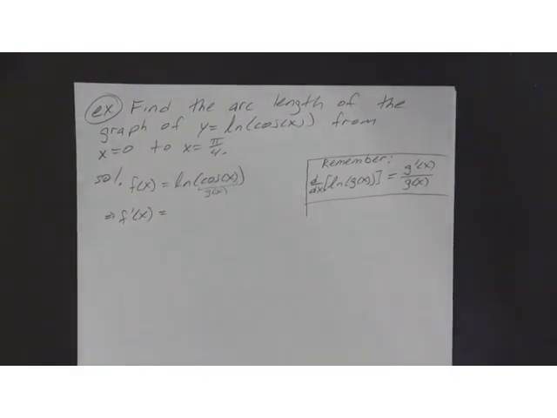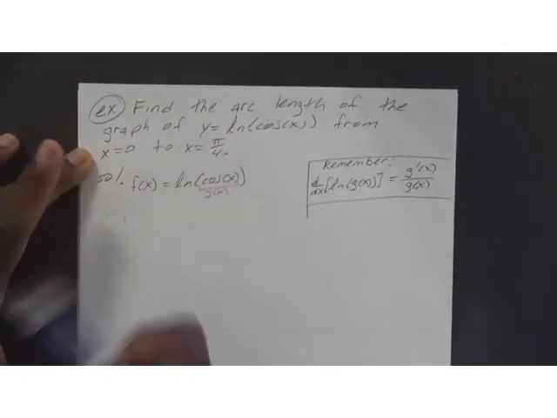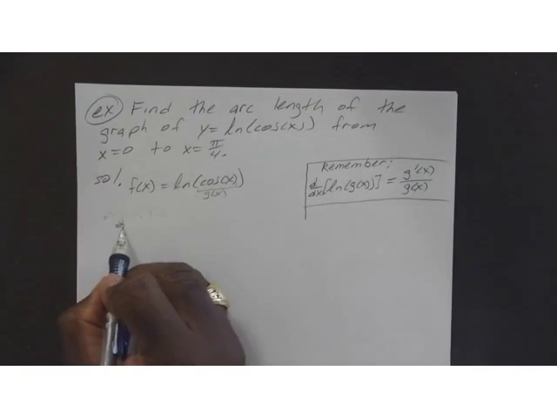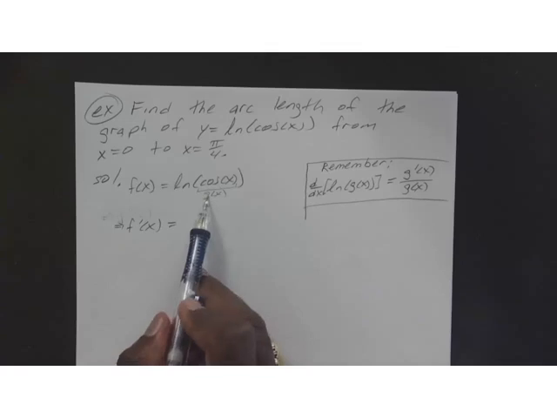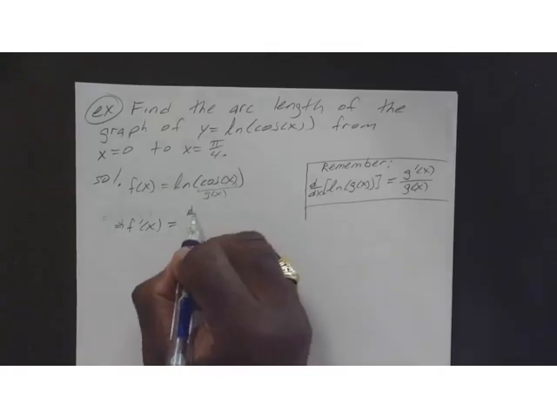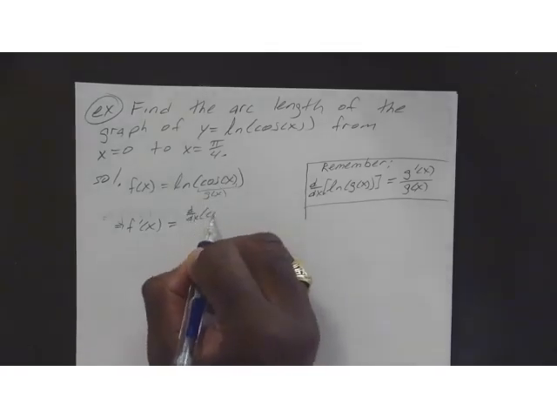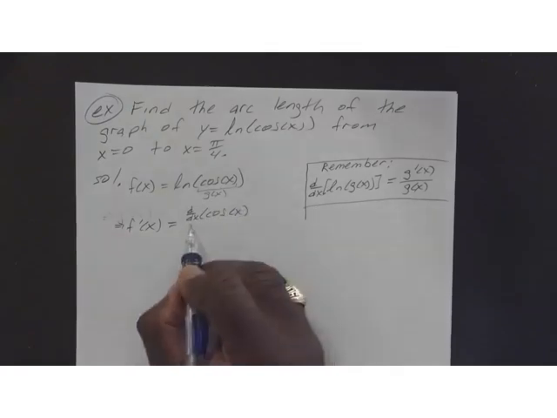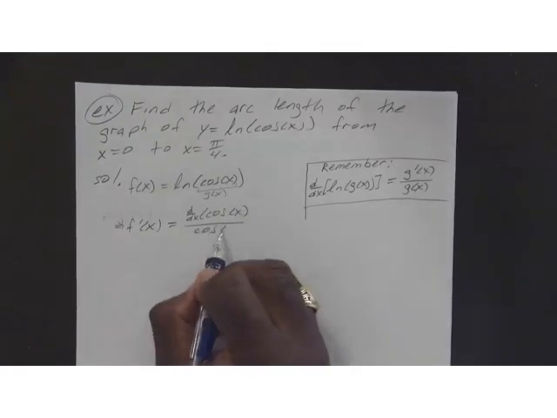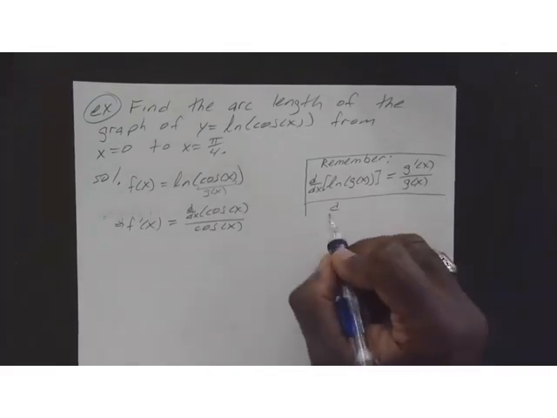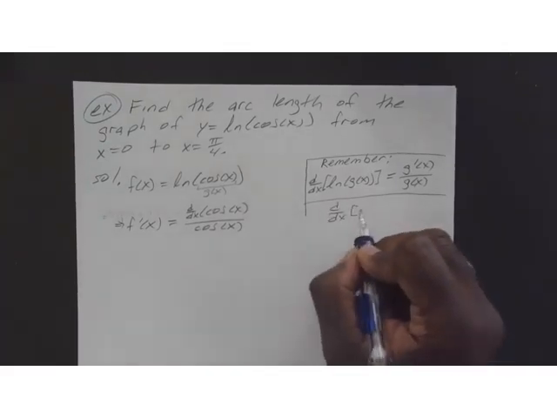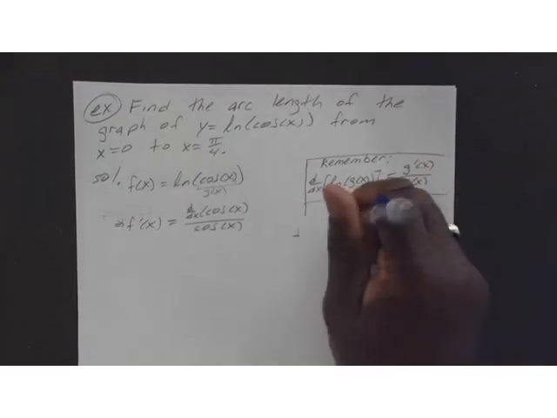is, let me give that a little more room, it's a little bit close. It's equal to the derivative of cosine of x divided by cosine of x. And we know the derivative of cosine of x is just negative sine of x.